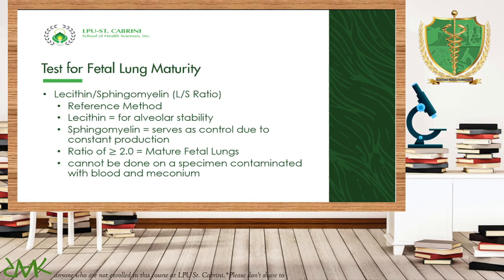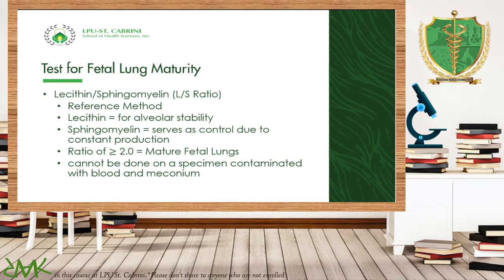Okay? A ratio of greater than or equal to 2.0 suggests that the baby has mature fetal lungs. So after measuring the lecithin and sphingomyelin and dividing to get the ratio, if the ratio is greater than or equal to 2.0, it means that the baby has mature fetal lungs.